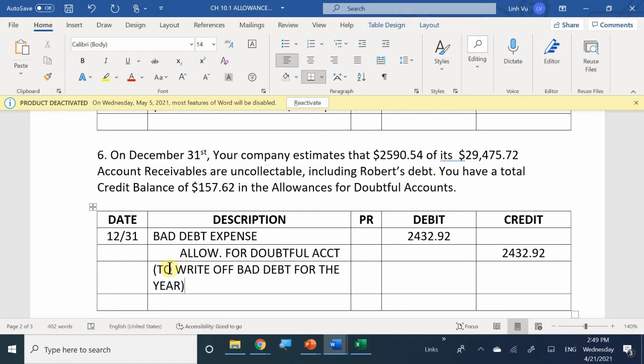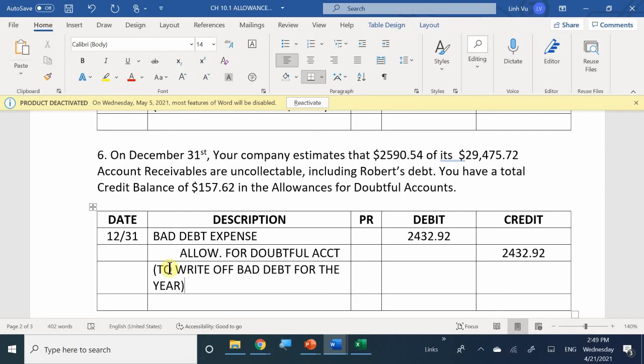In this case, we have a credit balance, so we must subtract it, because this is what's currently in there. We already have $157 in the allowance. How much more do we need to get a total of the 2,590? You find the difference, and that's the answer.